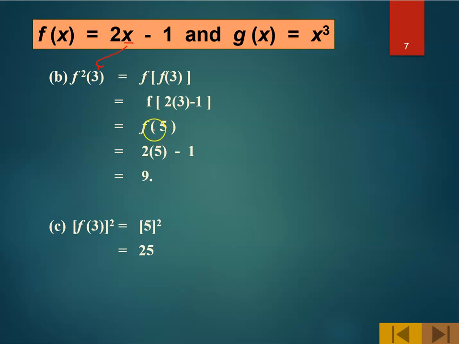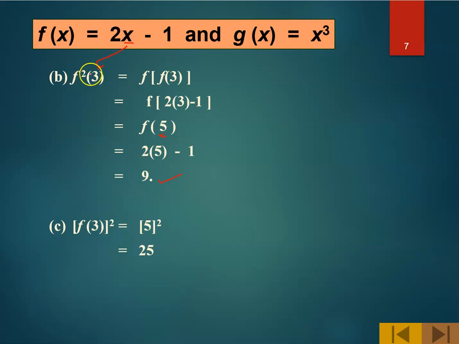Then this 5 you're going to substitute into the f function. Again, the f function is actually 2x minus 1, so you substitute this x with 5. Just now you get this 5, so 2 times 5 minus 1. You get the answer, meaning that you need to perform double substitution.